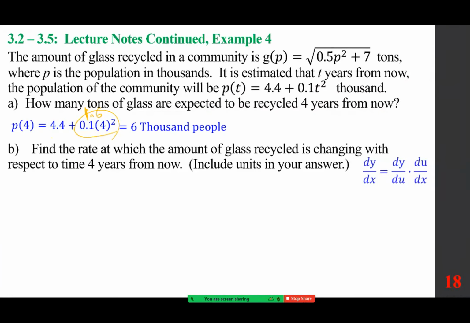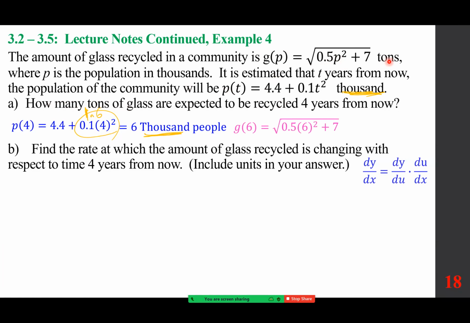They add up to 6, and it's thousands, so 6,000 people. Now that we have this, we plug it in here to find the amount, because we are looking for how many tons of glass. So when you plug in 6 here, it gives you tons of glass.